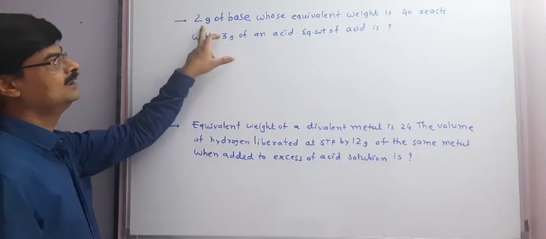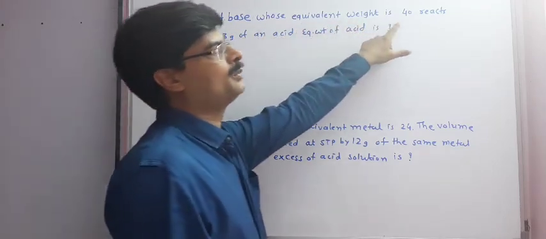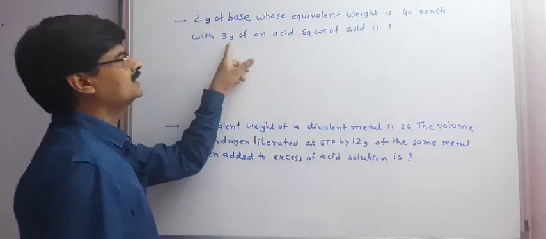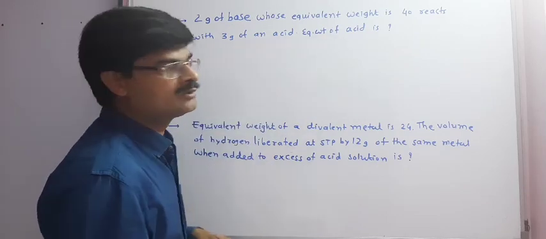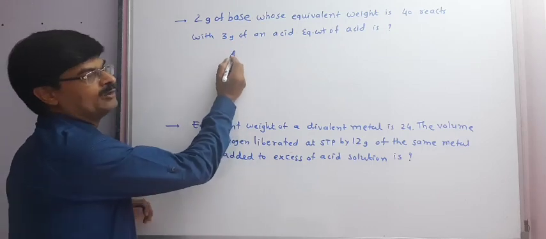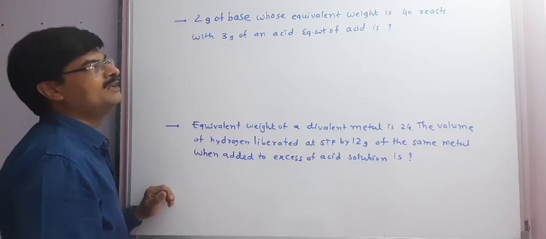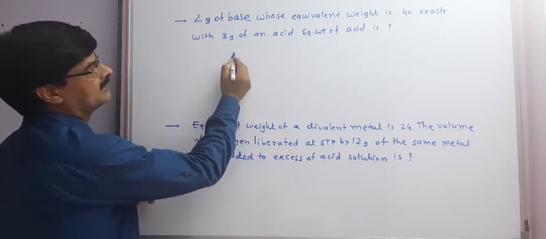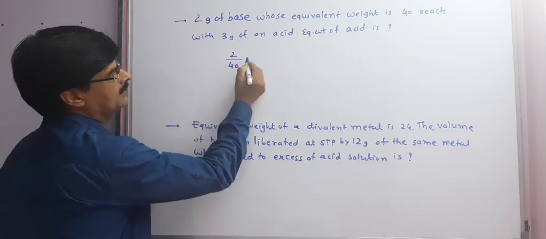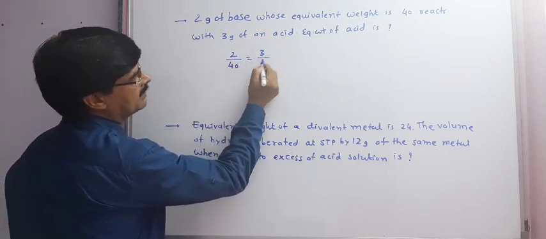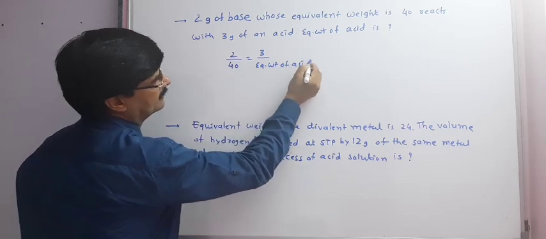In the next sum, 2 gram of base whose equivalent weight is 40 reacts with 3 gram of an acid. Equivalent weight of acid is question mark. Means we have to find equivalent weight of acid. On comparison of equivalence of acid and base, simply we can get the relation 2 divided by 40 is equal to 3 divided by equivalent weight of acid.